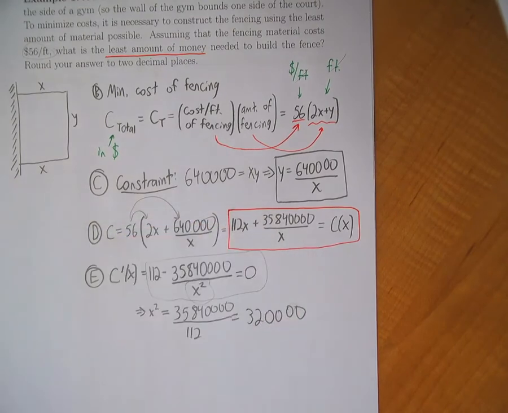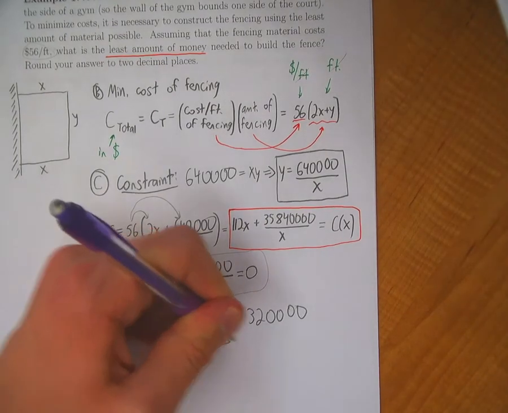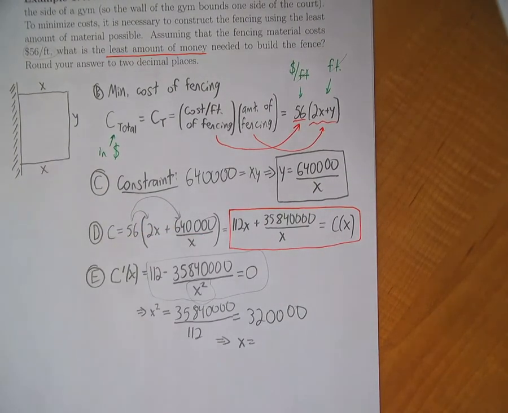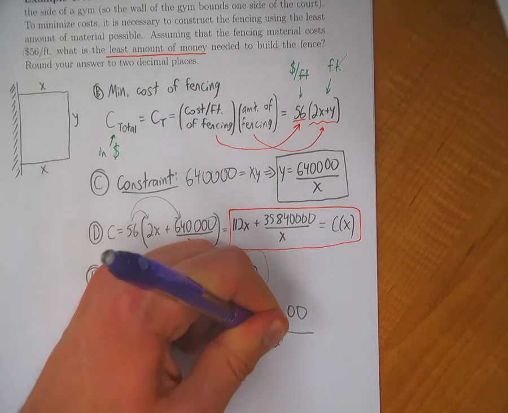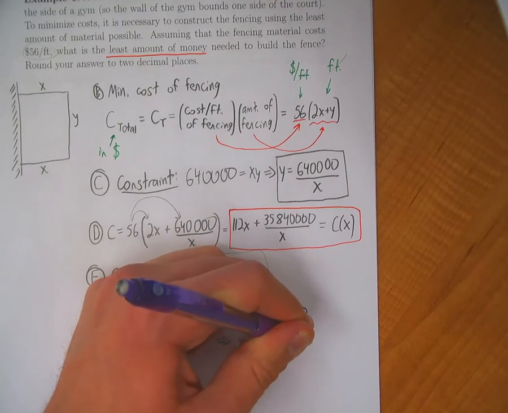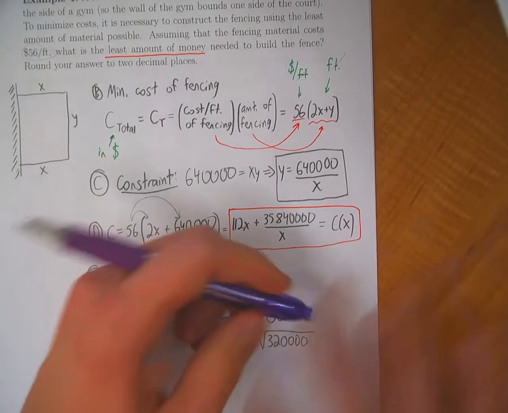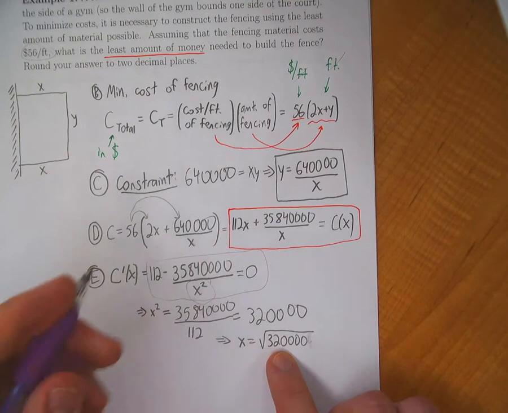Okay. So then from there, we say, all right, well, go ahead and take the square root of both sides to get the value of x. That will give us the necessary minimum cost. So we have x equals the square root of 320,000.